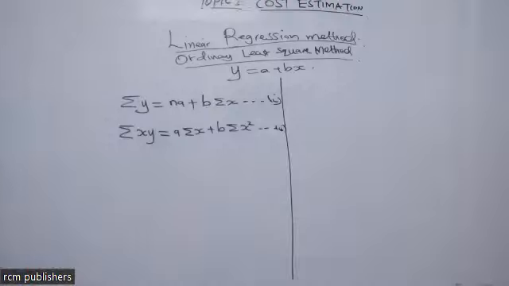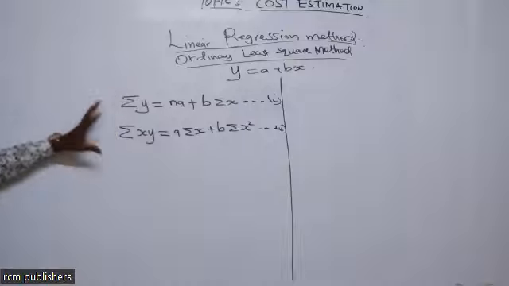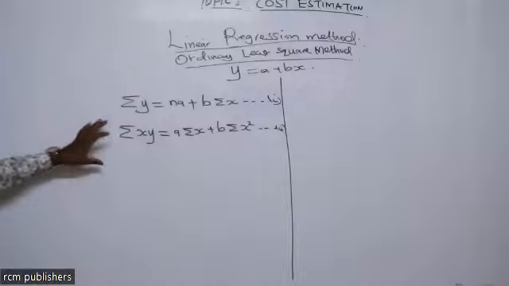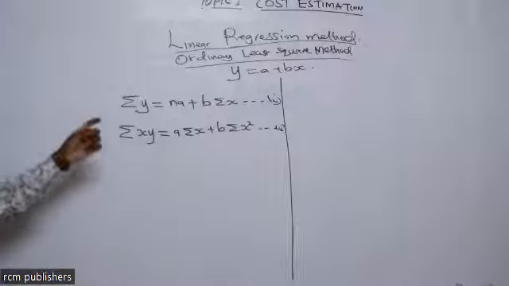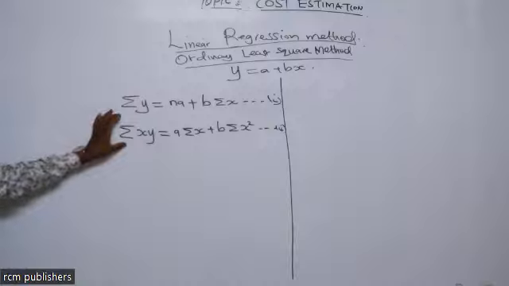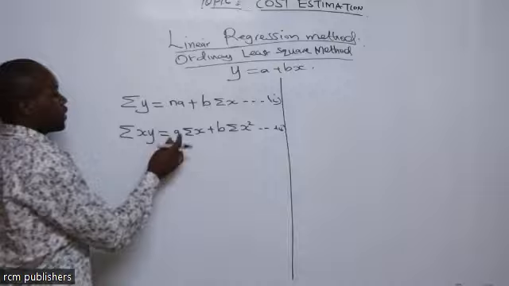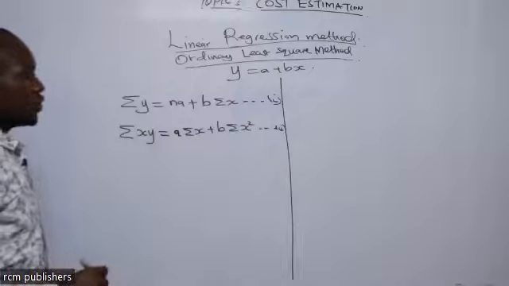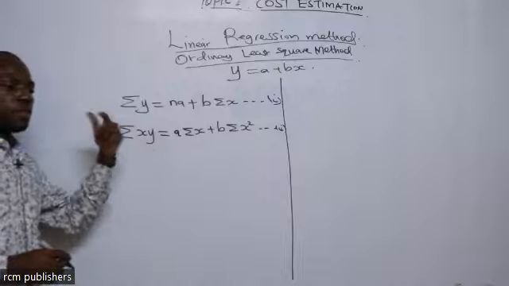So once you have that, we have formed a function which is now going to be solved using several methods. Remember, if you did QA, or if you did management accounting, you can recall the methods of solving simultaneous equations. 1, using elimination method. 2, you can use substitute method or even apply matrix method.